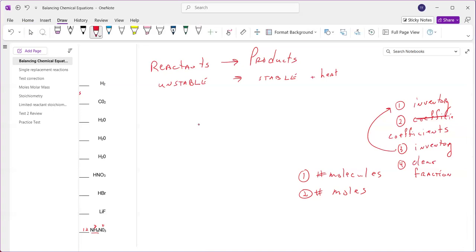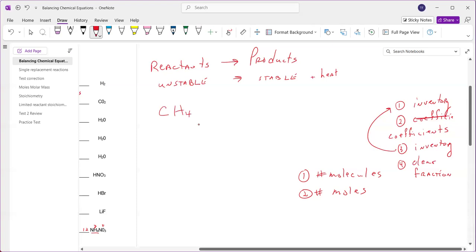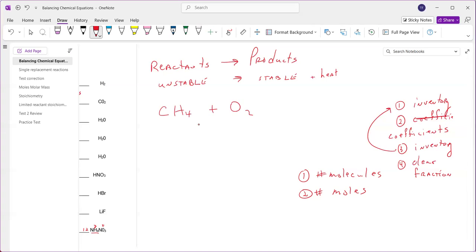Let's take methane, with some oxygen, and burn it. Okay, so we're going to get carbon dioxide and water. This is called combustion.